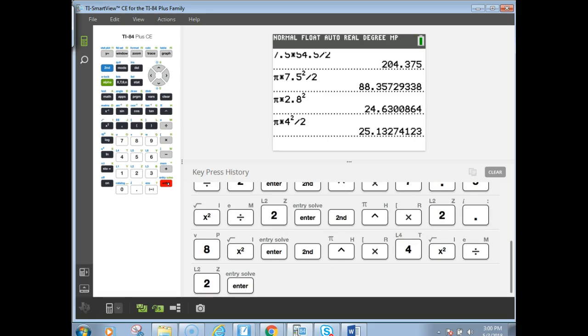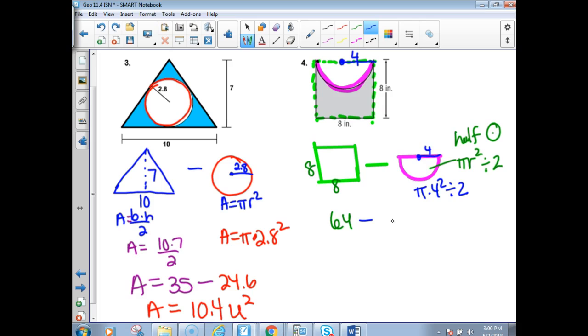Thank you. 25.1. Okay, and now to subtract them. 64 minus 25.1. 48.9 square. Oh, 38.9 square inches.